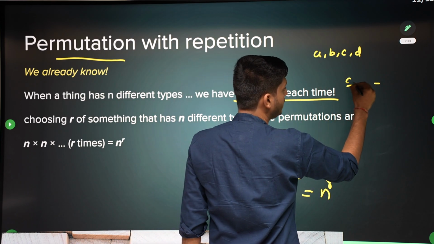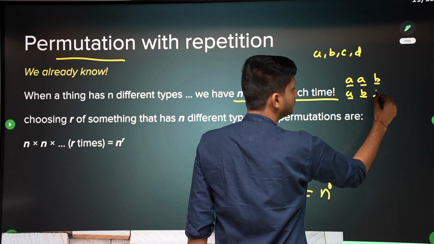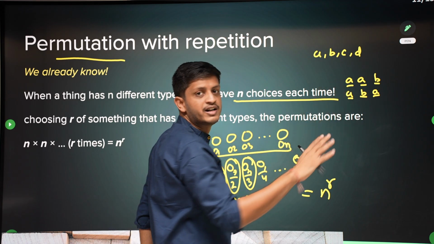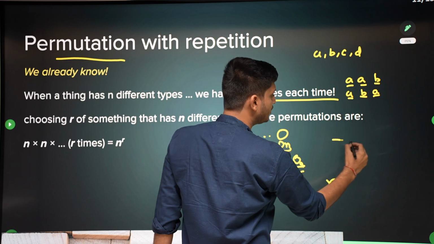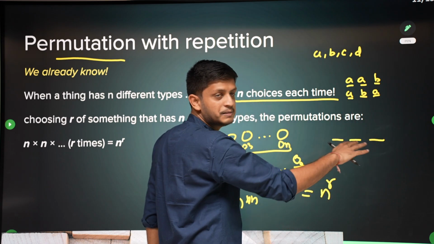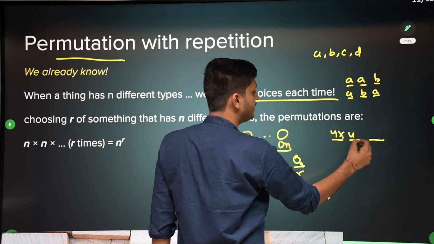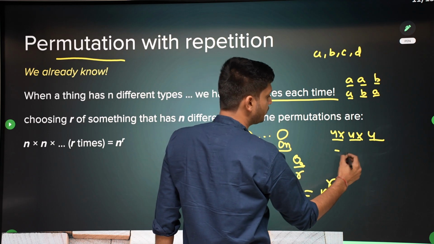So A, B and A, B, A were the same, because both are 2 A's and 1 B. But in permutation these 2 are different. So how do you solve it? You take 3 places, and for every place you have 4 different options: A, B, C, D. Take any one of them, it will be a different permutation. So it will be 4 cubed.